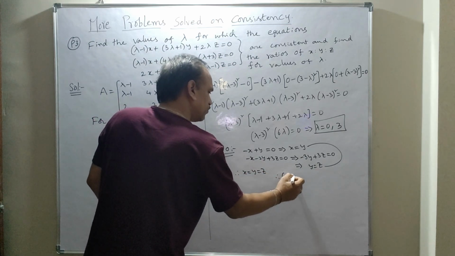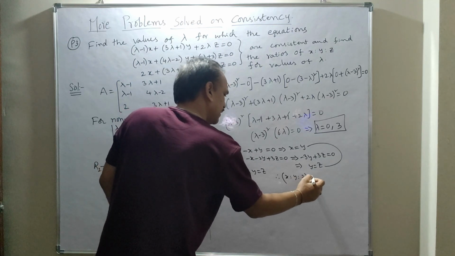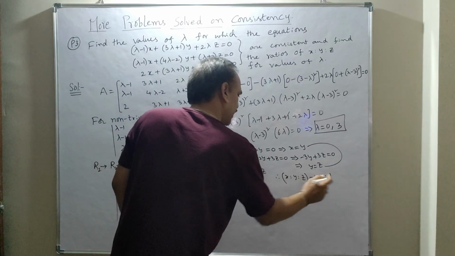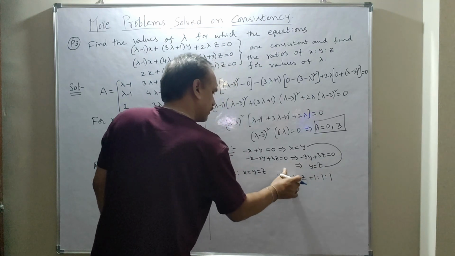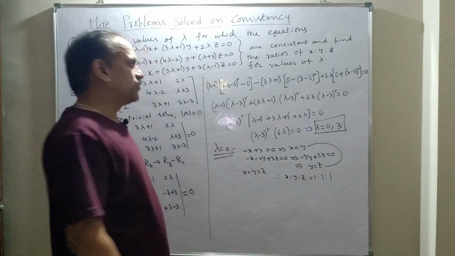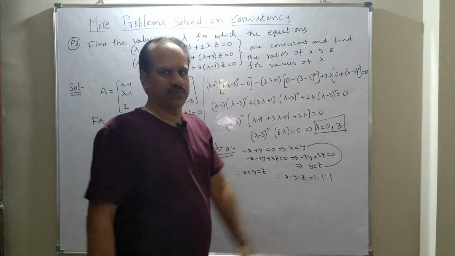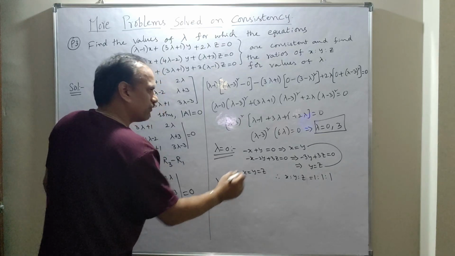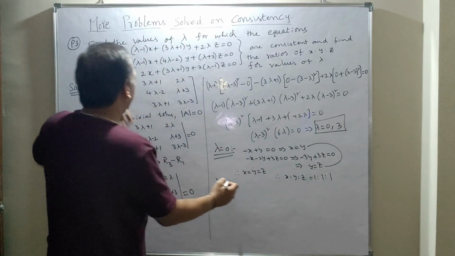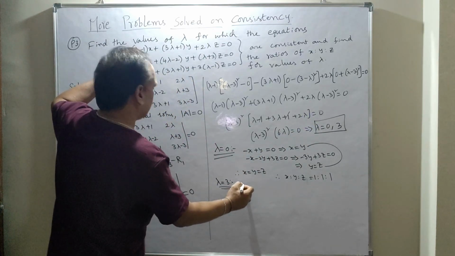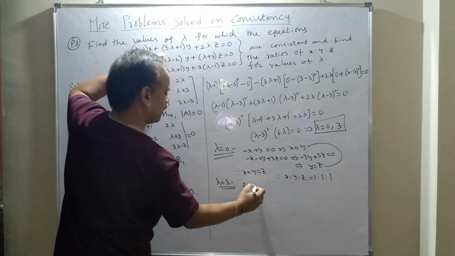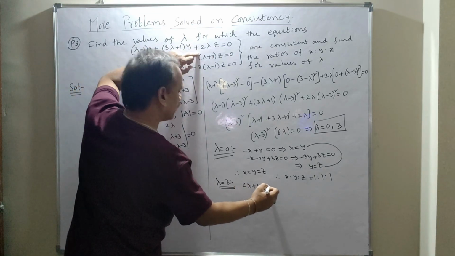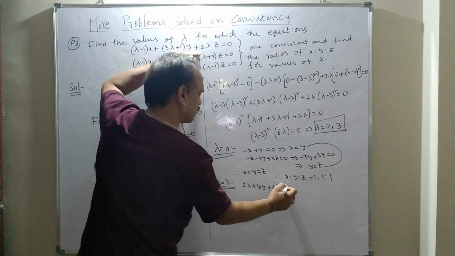Therefore, x is to y is to z is 1 is to 1 is to 1, because you are asked to find the ratio. Right. Now, lambda equal to 3. For the value of lambda equal to 3, what happens? If you put lambda equal to 3 here, 2x plus 10y plus 6z equal to 0.